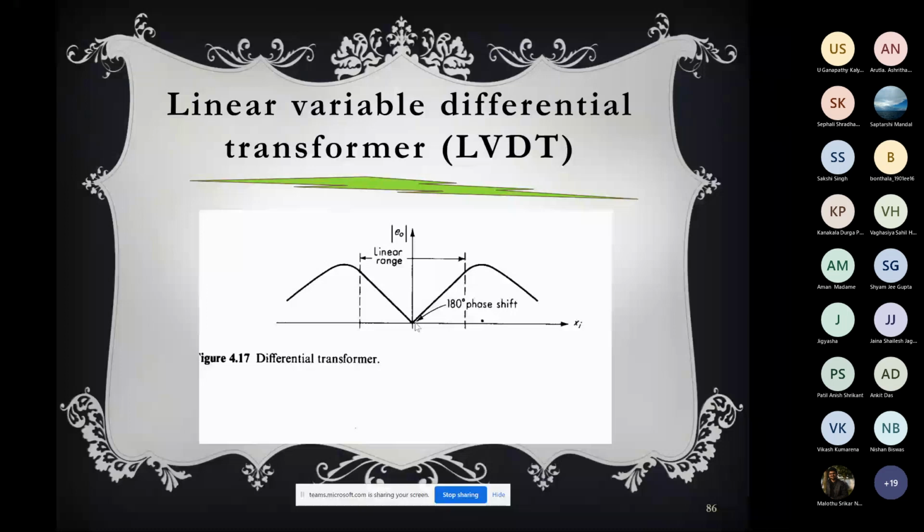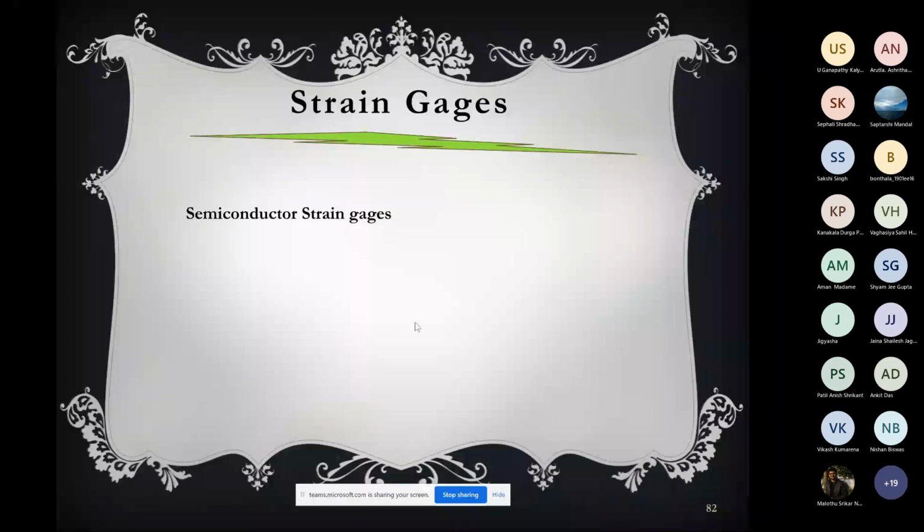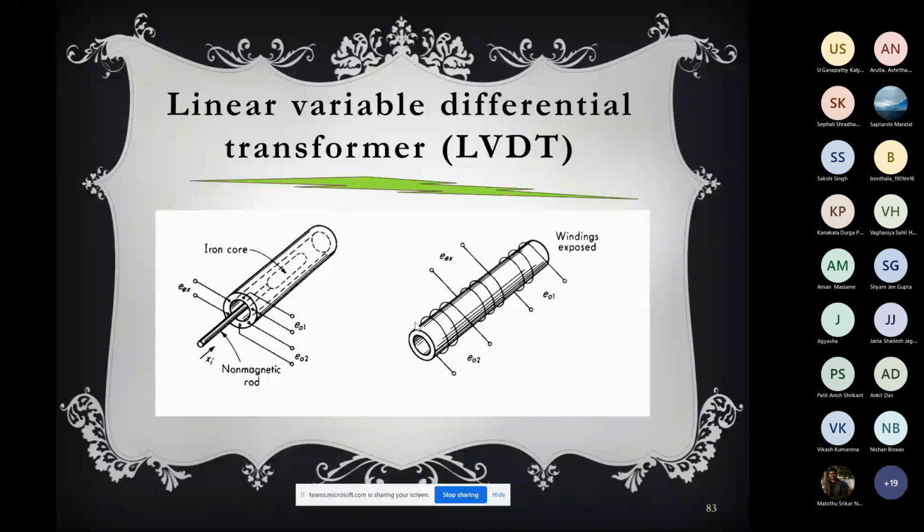The instrument with which we are trying to measure displacement, and which is very, very popular, is called the linear variable differential transformer, LVDT. It has a single primary coil and two secondary coils, and there is a shaft. The displacement measurement is applied to the shaft.